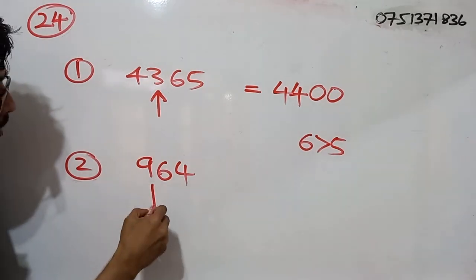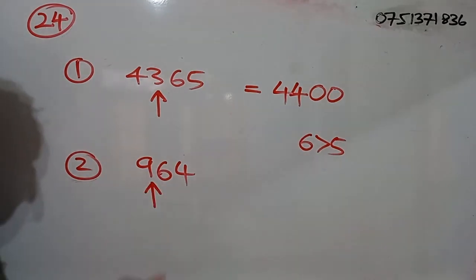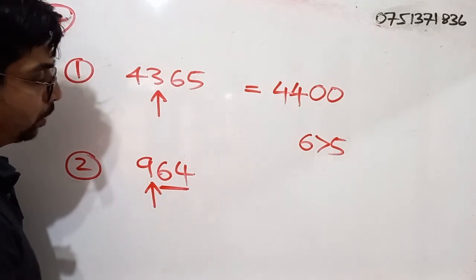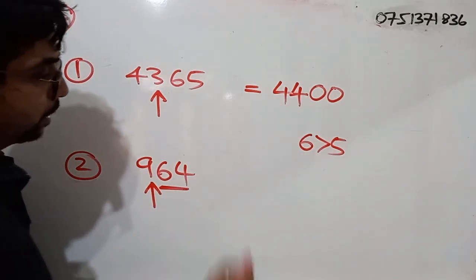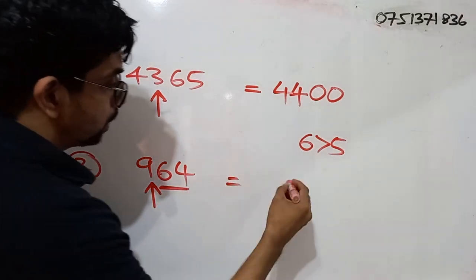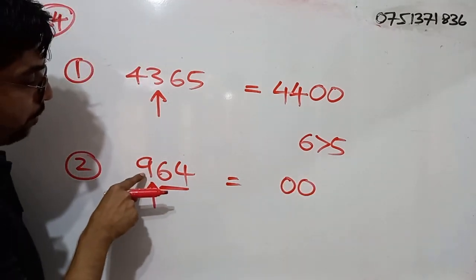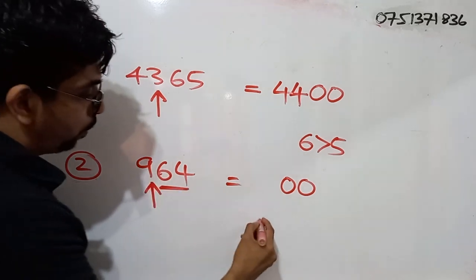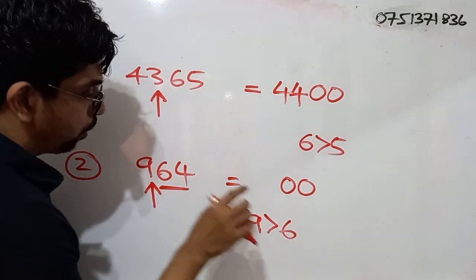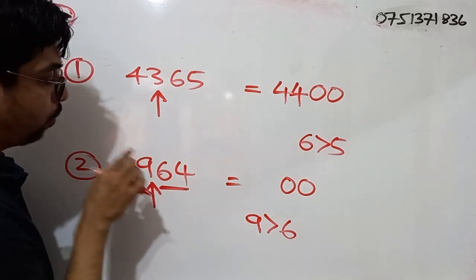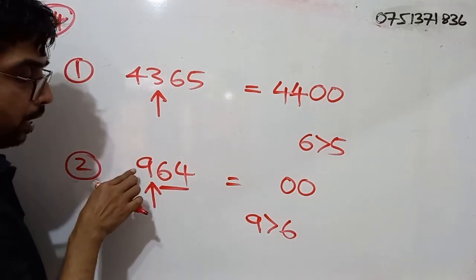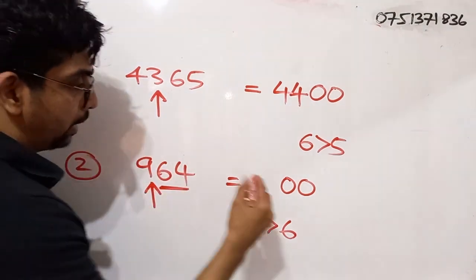So next we have 964. The digit on the hundreds place is 9. So we have to replace both of these digits by 0. So these two digits become 2 zeros. Then here we have 9. No? So we know 9 is greater than 6. Because of that reason, we have to add 1 to 9. 9 plus 1, what is that? 10.